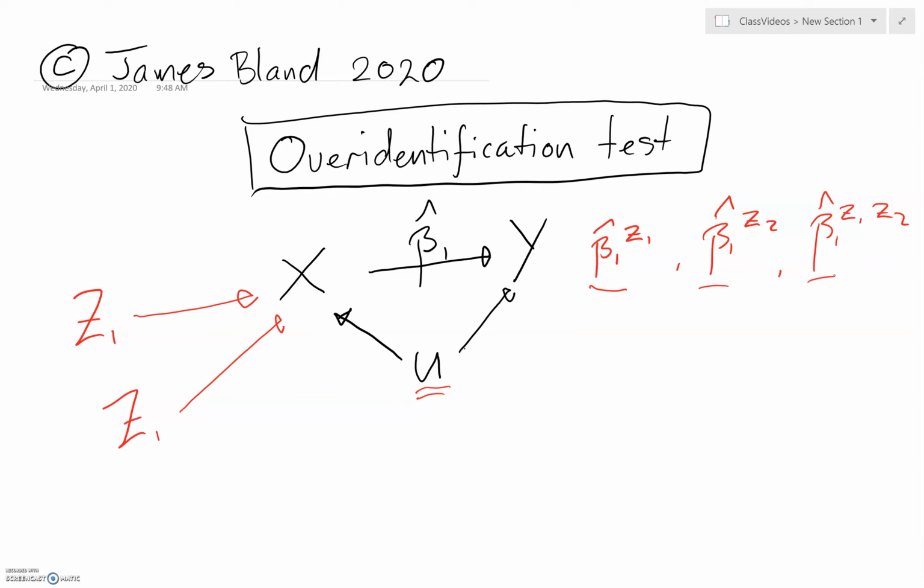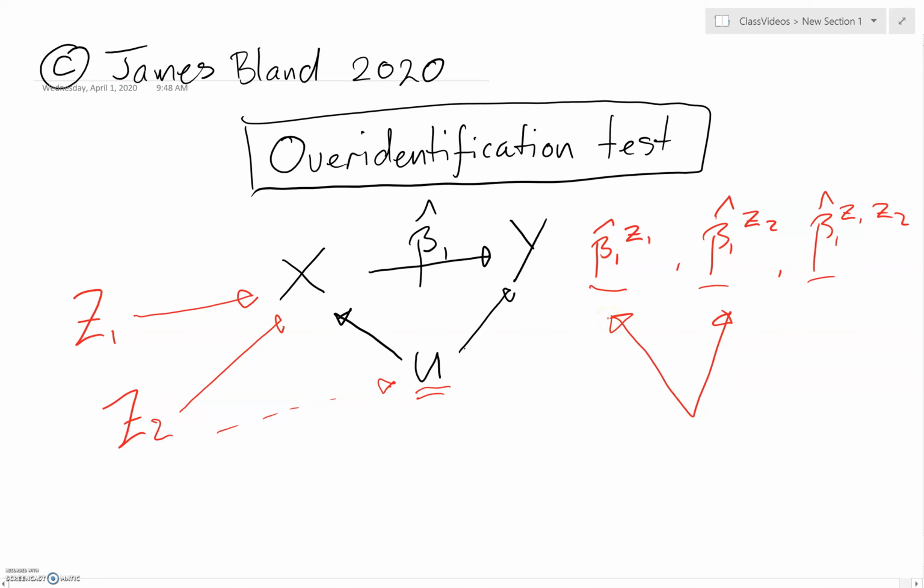However, note that if one of these instruments is not so good, sorry, this should be our Z2, if one of these instruments is not so good, in the sense that maybe Z2 is correlated with the unobserved error term, or something like that, then we might get different estimates depending on which of these estimators we use.